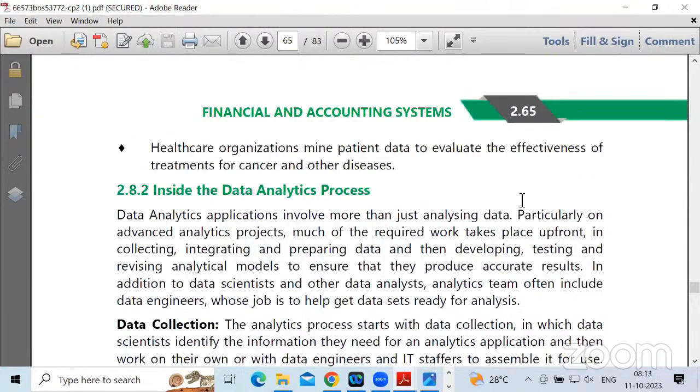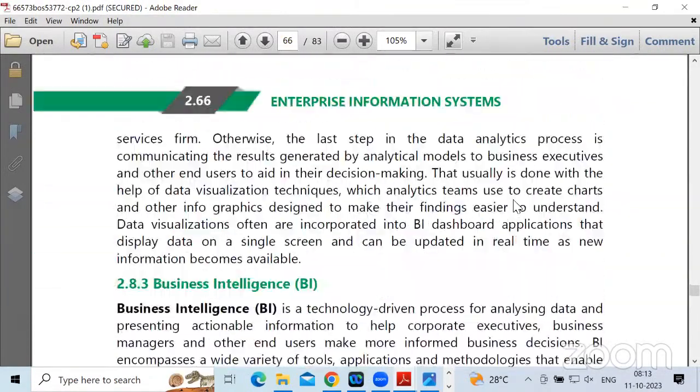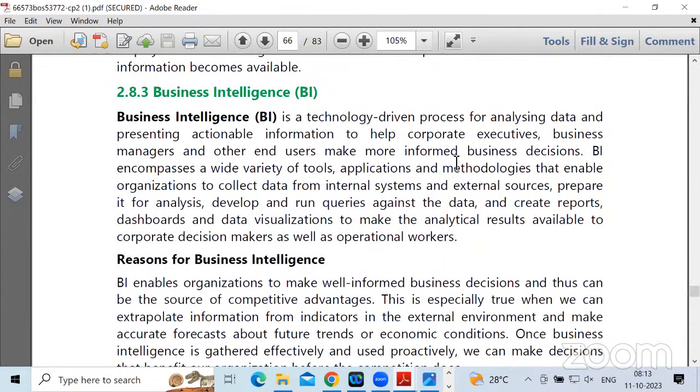Application areas, you can look at: data collection, quality problem, building analytical model, BI. So BI is nothing but analyzing the data, presenting actionable information to help corporate executives, business managers, and end users to make informed decisions. Actionable information, that's the important part. What is actionable information?